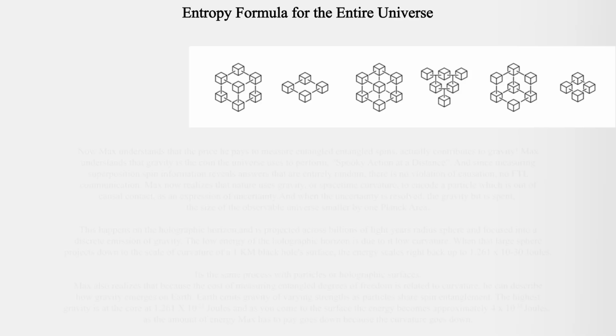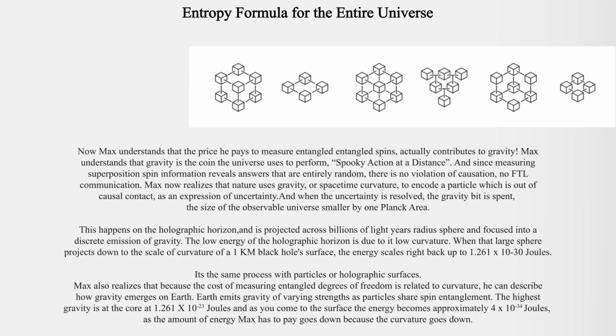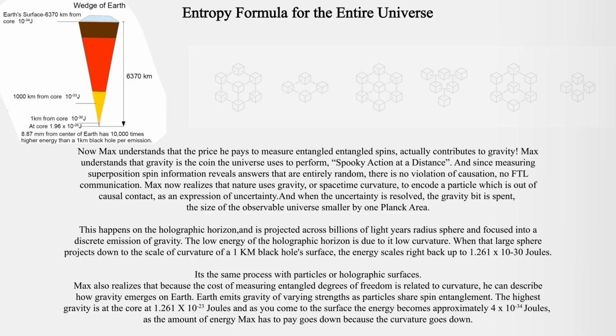Now, Max realizes that the way gravity emerges, we can explain how it emerges on Earth. Earth emits gravity at varying strengths as particles share spin entanglement. The highest gravity is at the core of our planet. It's at 1.261 times 10 to the negative 23 joules.